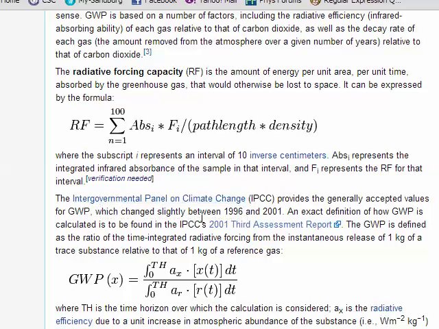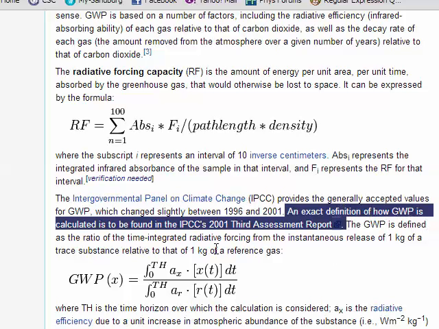So what's next? The Intergovernmental Panel on Climate Change provides the generally accepted values for global warming potential, which changed slightly between 1996 and 2001. An exact definition can be found in the IPCC, Intergovernmental Panel on Climate Change's 2001 Third Assessment Report.